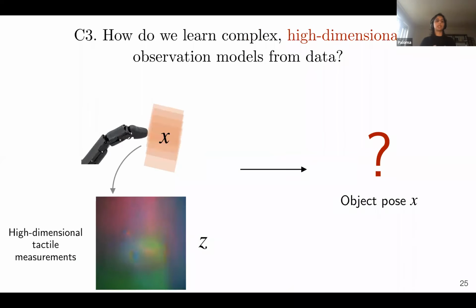Finally, in challenge 3, we consider the problem of rich observations. Consider this example where we must estimate the object pose from high dimensional tactile image data. Again, if you look at any one image here, it's really hard to say anything about the underlying object pose. Many different object configurations can result in the same contact patch image that we see here.